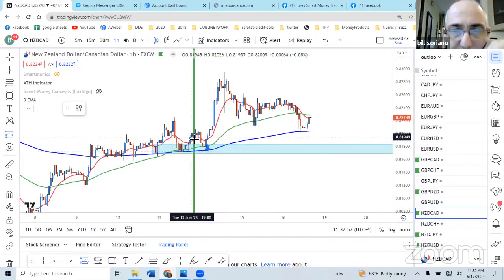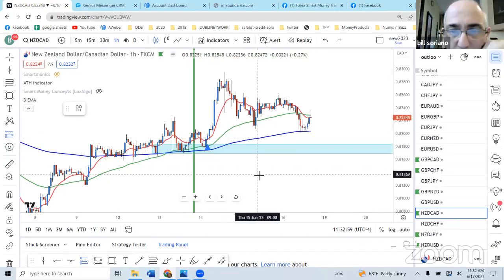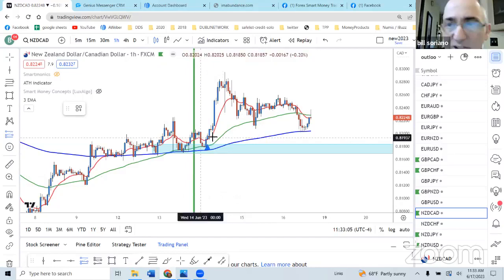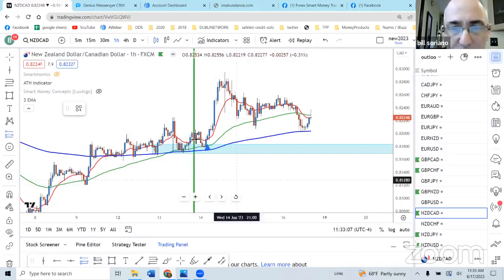We can use the FVG entry from the candle before it, right? I teach that in the Smart Money course, right? Where your FVG entry, or your fair value gap entry, is that candle before the signal candle. So that would be that wick right there.